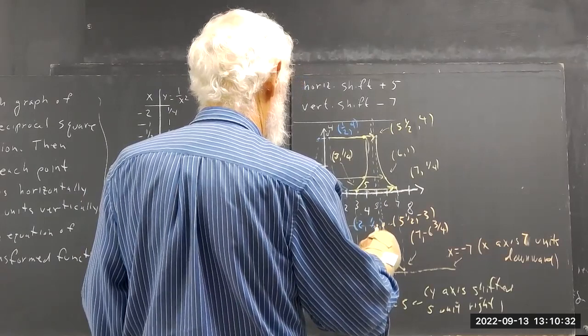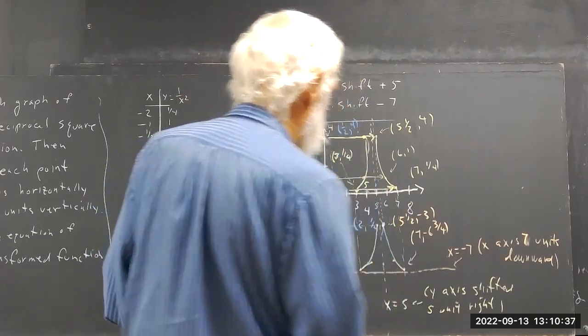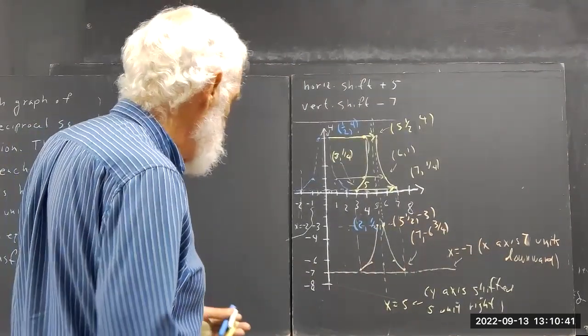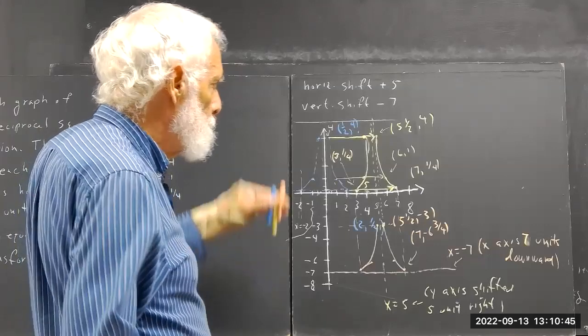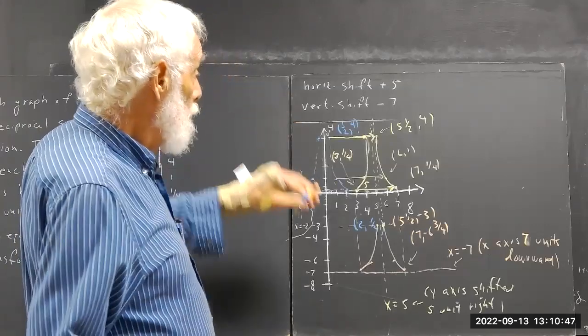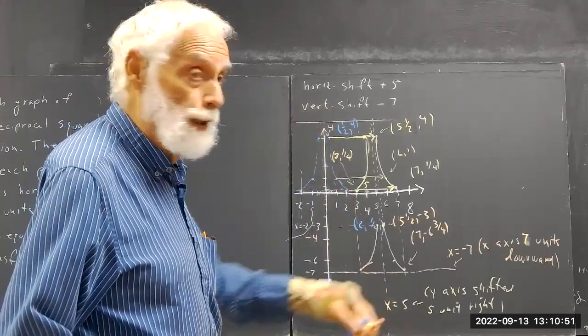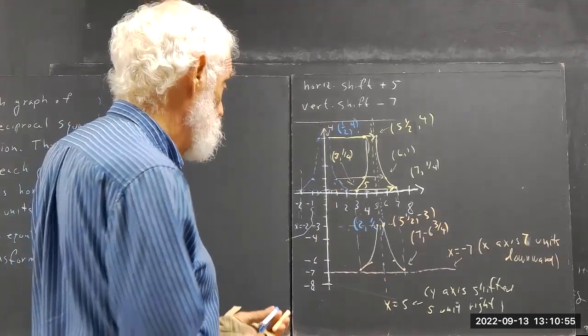Going to look the same on the other side of the line x equals 5. And the big thing I want to be sure we see is that the vertical asymptote, which was at the y-axis, is now at x equals 5. Okay, so this is the new vertical asymptote.